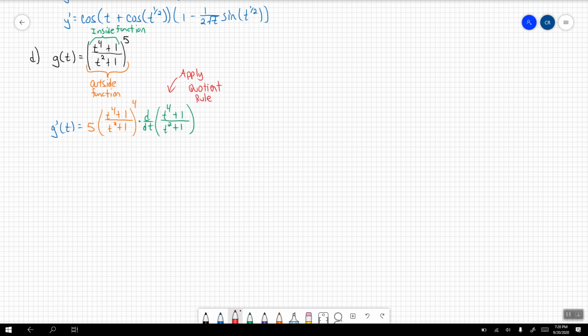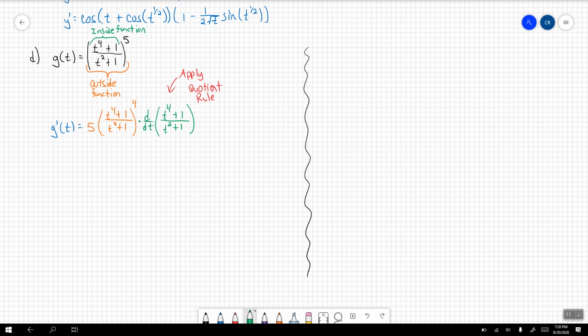So if we get to apply the quotient rule here, it's going to be quite nice. So let's go through it. Okay, and I'm actually going to work out this quotient rule on the right hand side because I want you all to see this quotient rule. Here we go.